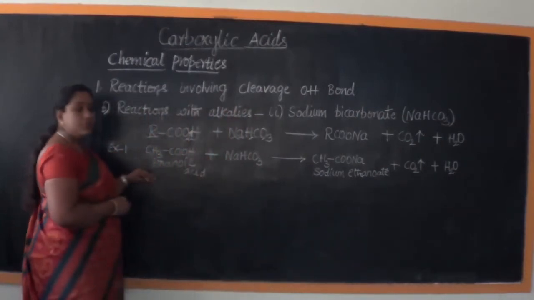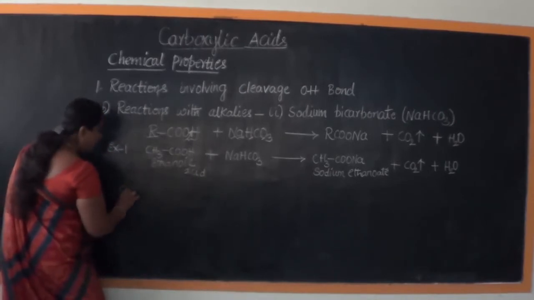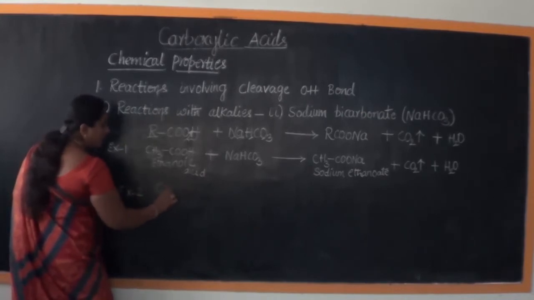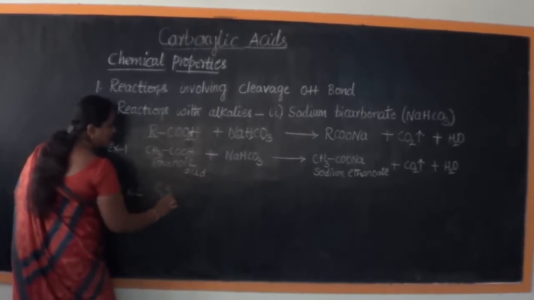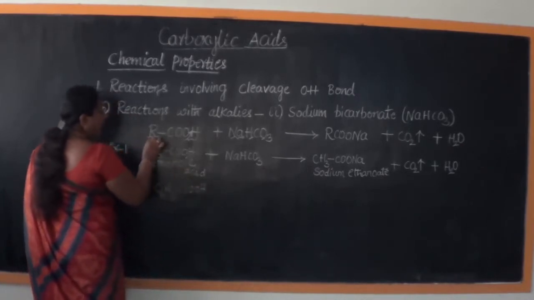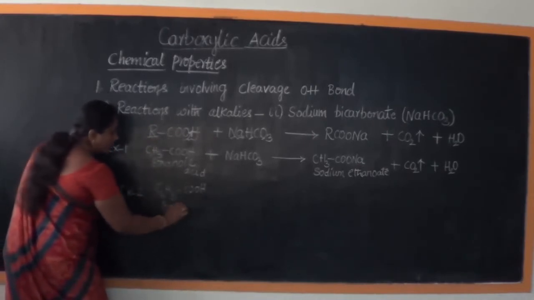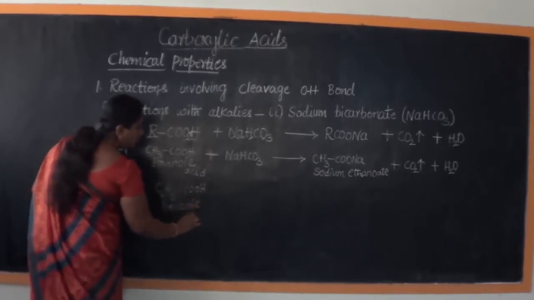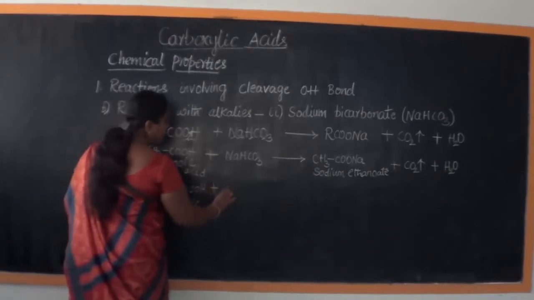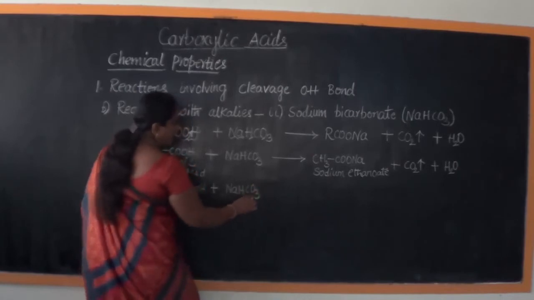Now, this was an example of an aliphatic carboxylic acid. In the second example, let us take up an aromatic carboxylic acid, C6H5COOH. I am replacing R in the second case with C6H5. The name of this acid is benzoic acid or benzene carboxylic acid. It is treated with sodium bicarbonate.